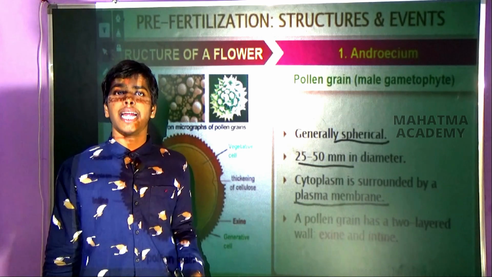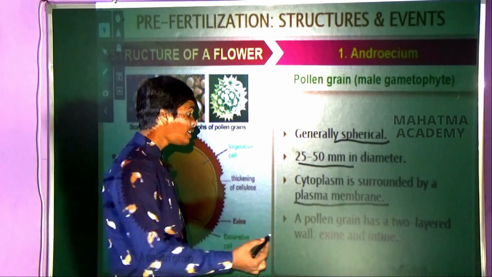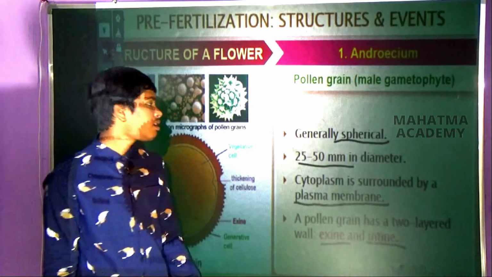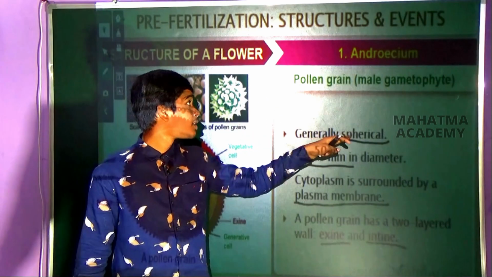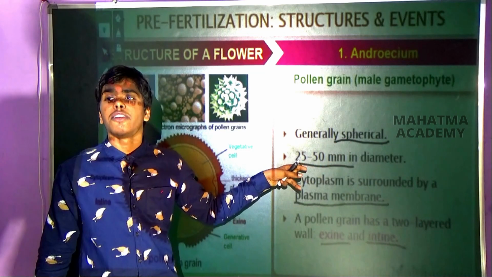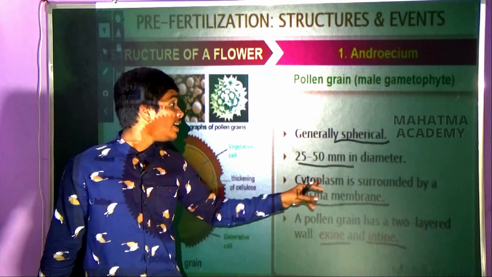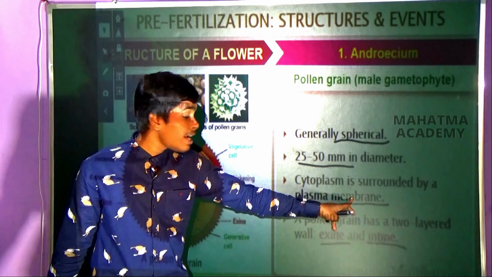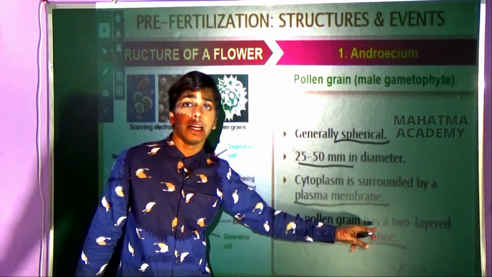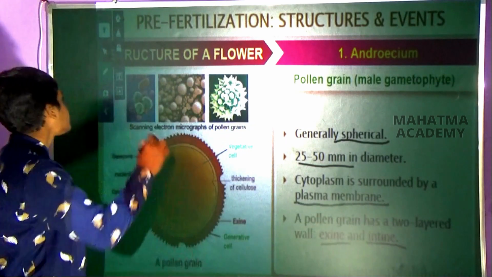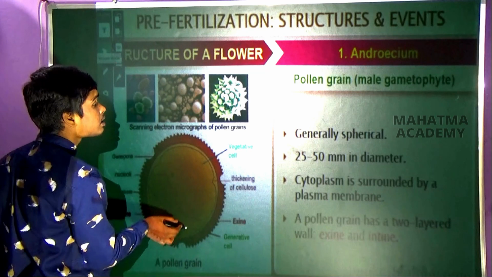The outer layer is called exine, the inner layer is known as intine. These are the first characteristics of the pollen grain.